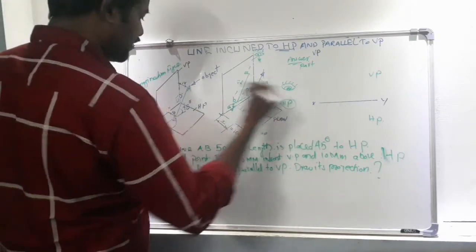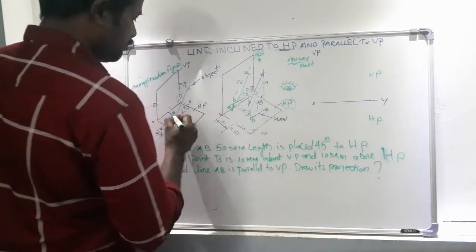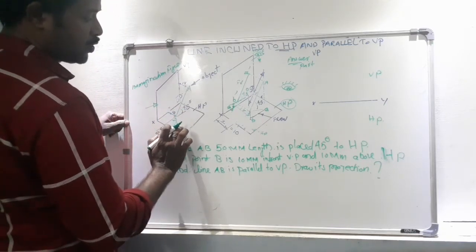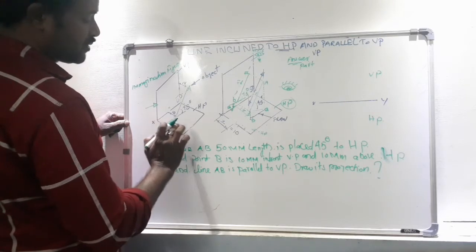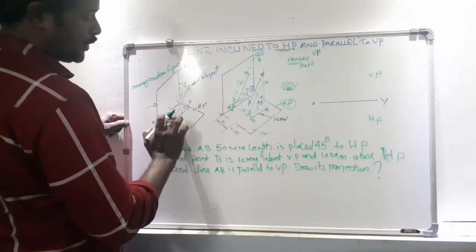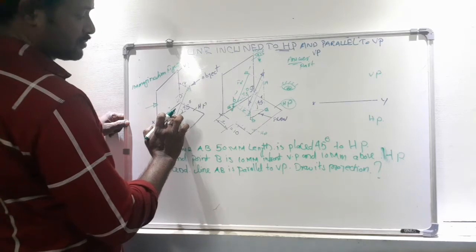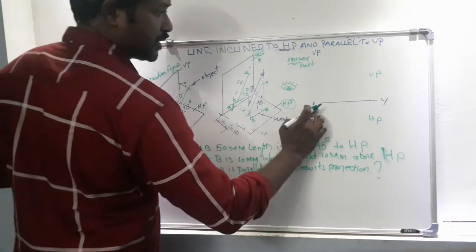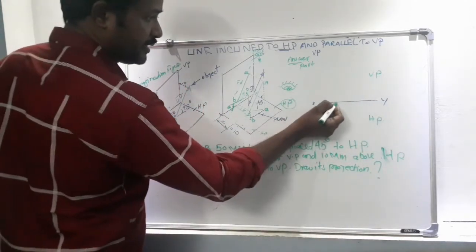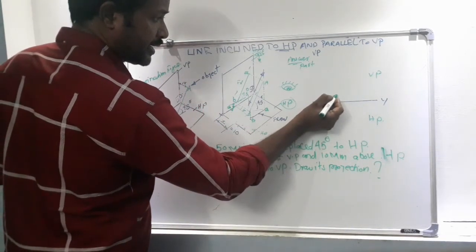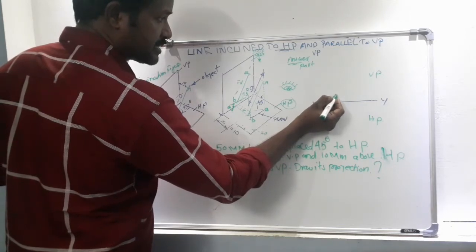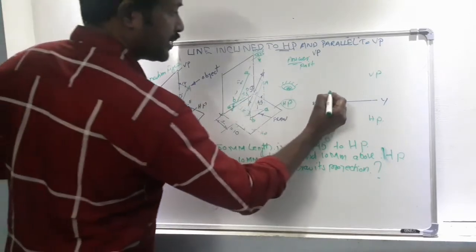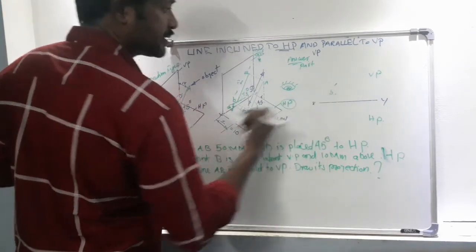For projecting its front view, first we have to mark this height. That means keeping 10 mm distance from the horizontal plane, the point is here. From the XY line, put a point here, keeping 10 mm distance. That point is called B dash.